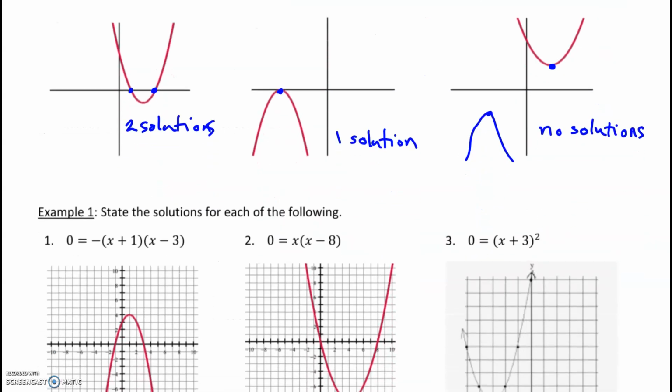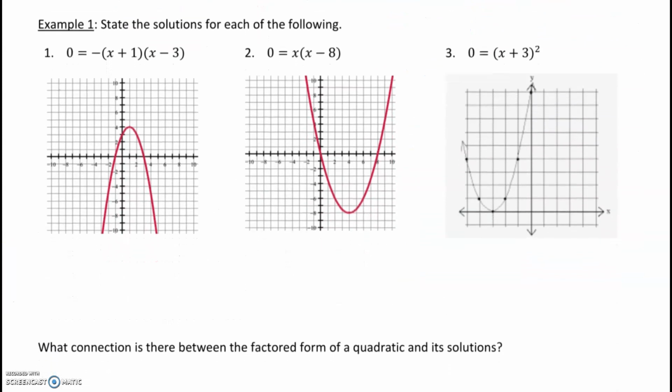Okay, let's take a look at our first example. It says to state the solutions for each of the following. So I have 0 equals negative x plus 1 times x minus 3. And the graph is shown below. So the solutions are where the graph crosses the x-axis. And I can see it crosses at x equals negative 1 and x equals 3. Those are the solutions. Okay, let's take a look at the next equation.